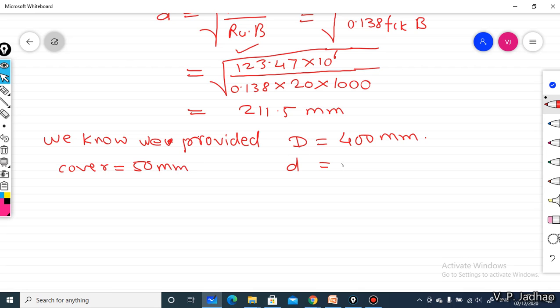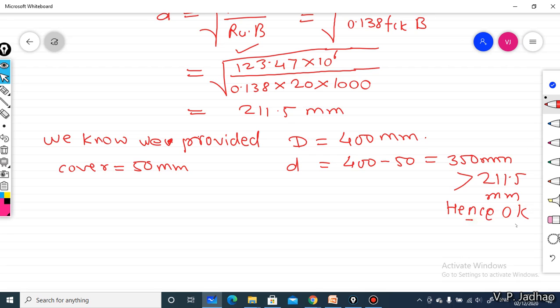Then this effective depth d, small d, will come out to be 400 minus 50 mm, so the effective depth is 350 mm. This is more than 211.5 mm, and hence okay, this is satisfying the depth criteria also.